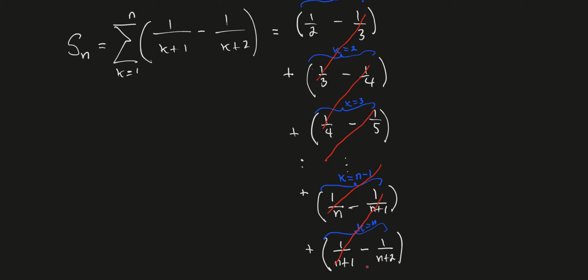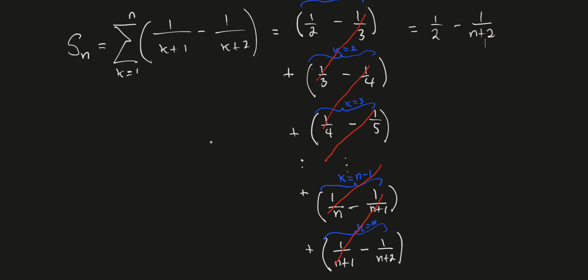And then this minus 1 over n plus 2 also remains. So even though it looked like this really complicated expression, our s sub n is simply 1/2 minus 1 over n plus 2, right? And this is our formula for s sub n, all right?